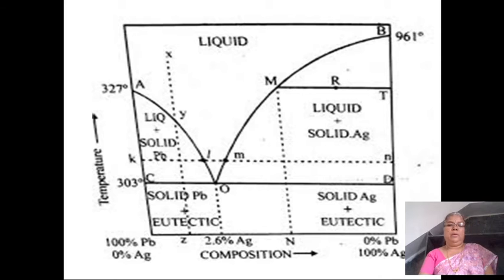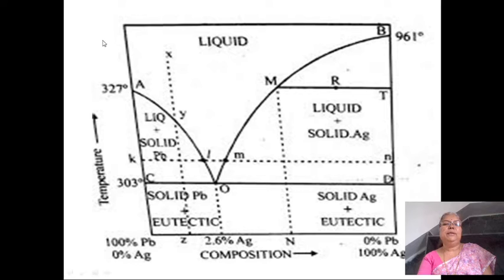Then here, as I have told you, if we have lead and silver, and the mixture of lead and silver, if we heat well above the melting points of these two, that means above 961, we have the molten mass or the solution of lead and silver, and this is a homogeneous solution or molten mass of lead and silver.